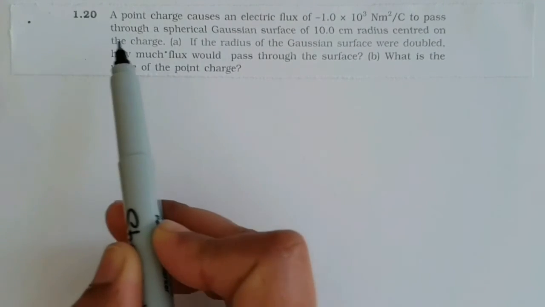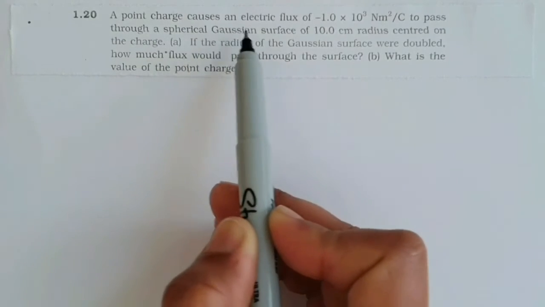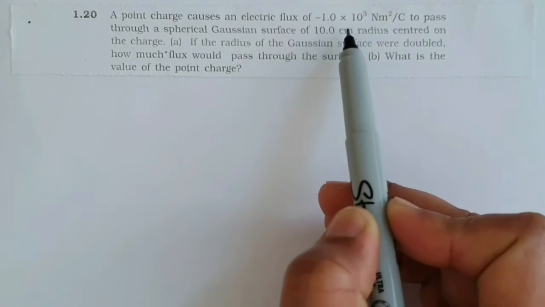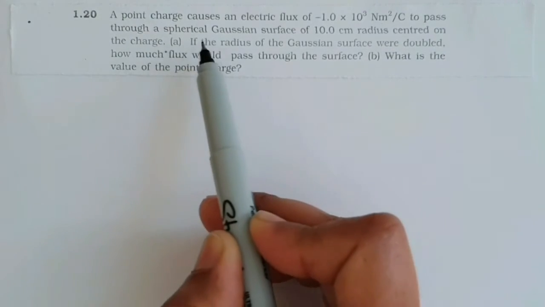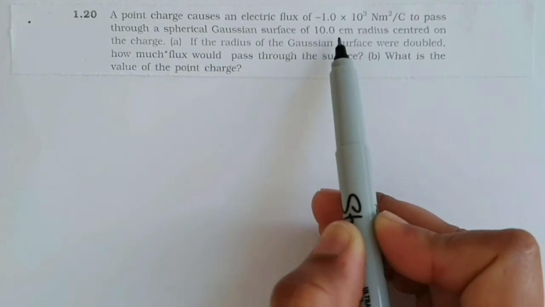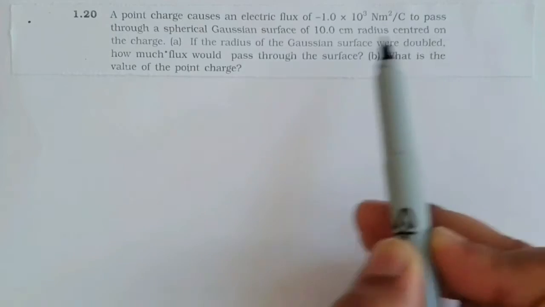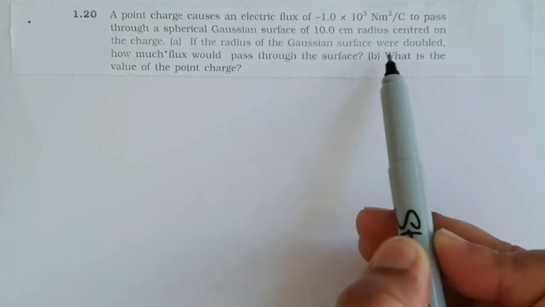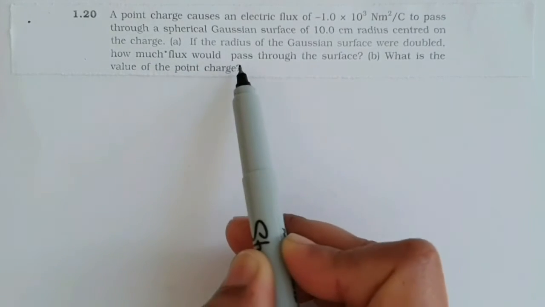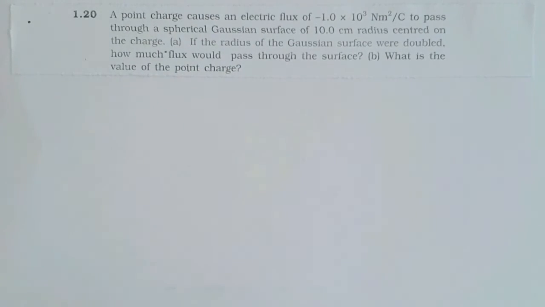Question number 20. A point charge causes an electric flux of minus 1 into 10 raised to 3 newton meter square per coulomb to pass through a spherical Gaussian surface of 10 cm radius centered on the charge. A. If the radius of the Gaussian surface were doubled, how much flux would pass through the surface?